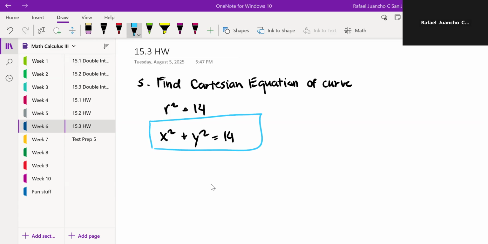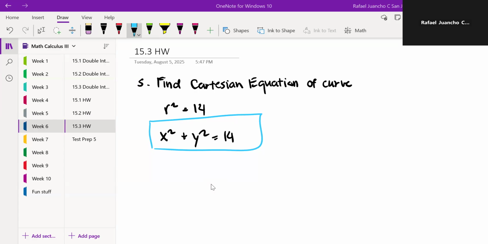It's basically a circle. We'll see. Yes. Okay. Yeah, I got it.